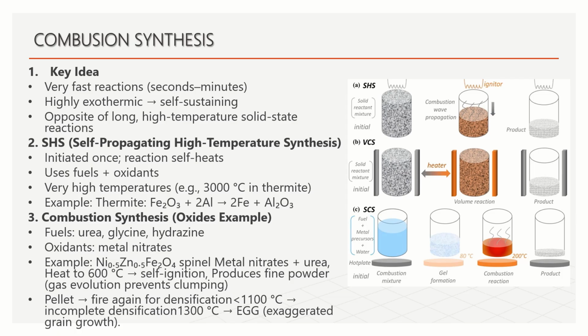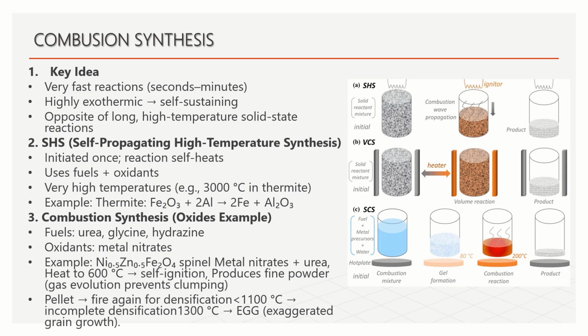For part C, which is solution combustion synthesis, the reactants are dissolved in water along with a fuel like urea. So this method starts from a solution, not a powder. Then we heat the beaker, water evaporates, and the mixture becomes a thick gel around 200 degrees Celsius. The gel suddenly catches fire and burns rapidly.